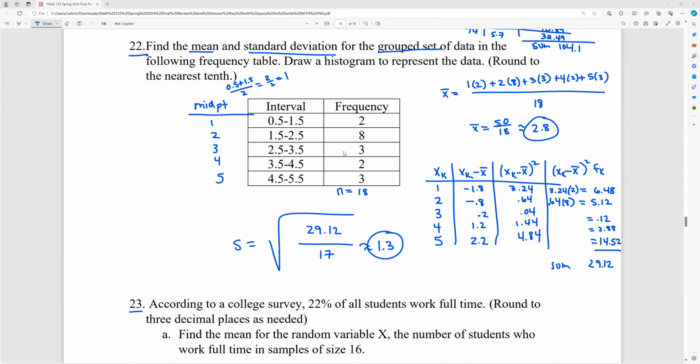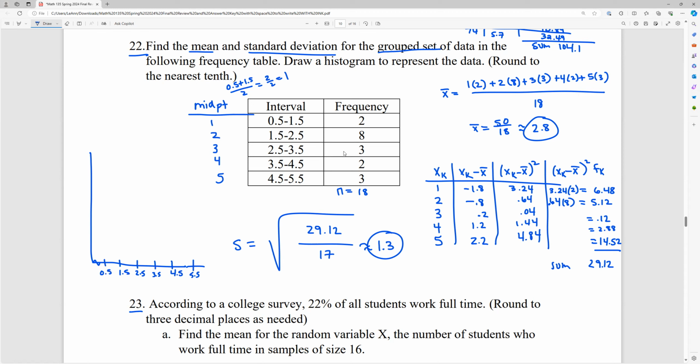Okay, so to draw the histogram, you're going to come over here and you're going to make a little break in your graph so we know it doesn't exactly start at 0. You're going to put the actual interval endpoints, so 0.5 to 1.5, then to 2.5, then to 3.5, 4.5, and 5.5. That was the last interval.